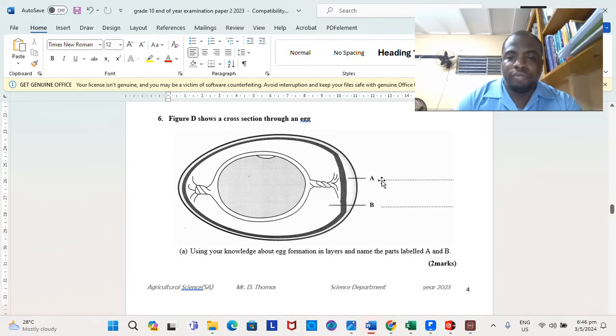Those are some terms that you can use. B would have been the albumen. And so those are the areas to be labeled.